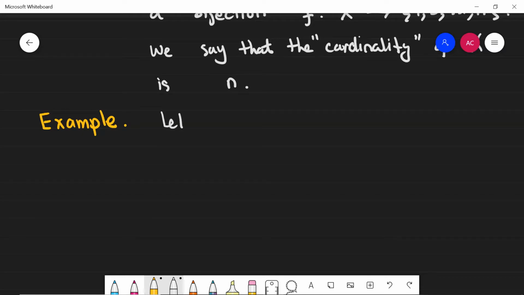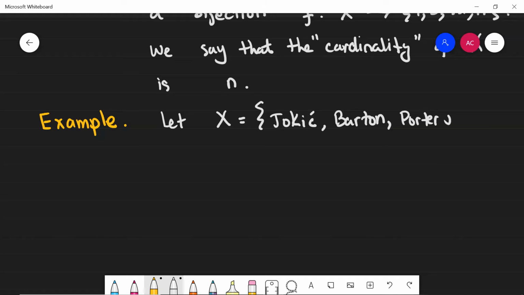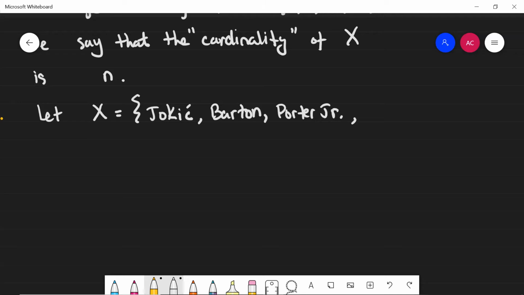So let X be equal to Jokic, Barton, Porter Jr., and then we have Murray, and we have Gordon. So this set X is actually the set of starters for the Denver Nuggets.